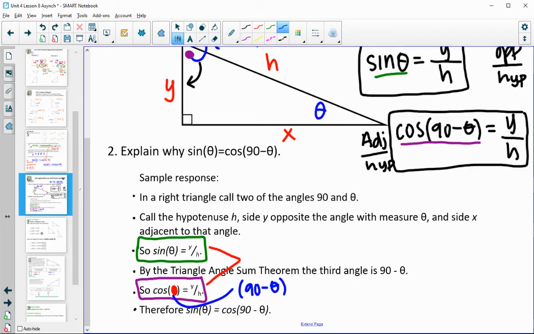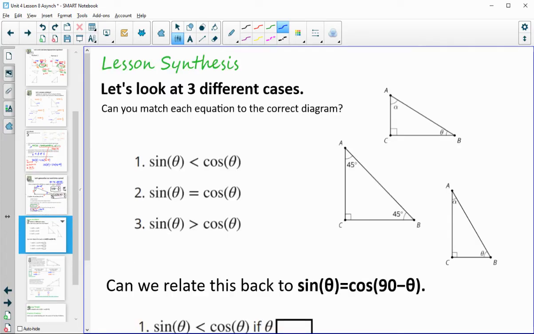All right, then let's take a look at some of this. You can write this at the bottom of page 173 or at the top of page 174. You can cross out that "Are you ready for more?" and write down a couple of these ideas. So let's take a look at these three triangles. I want you to see if you can match these three equations to these triangle cases.